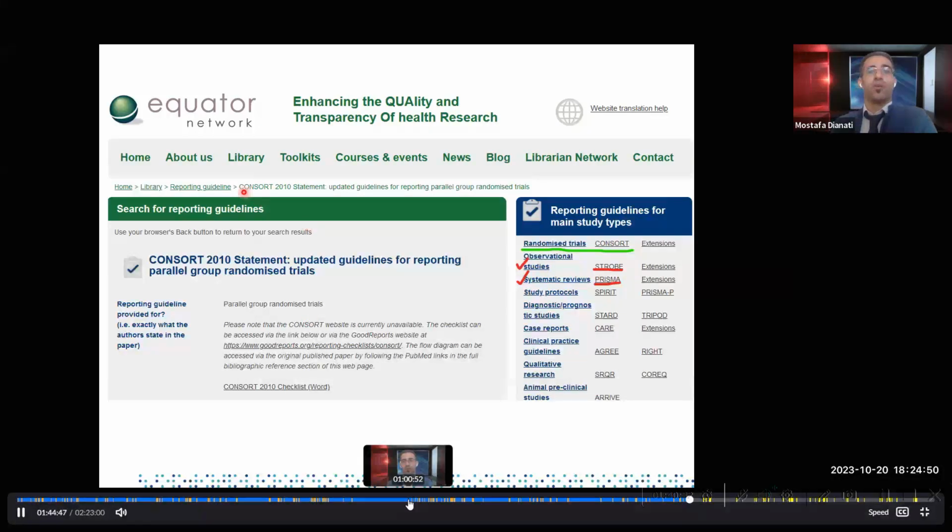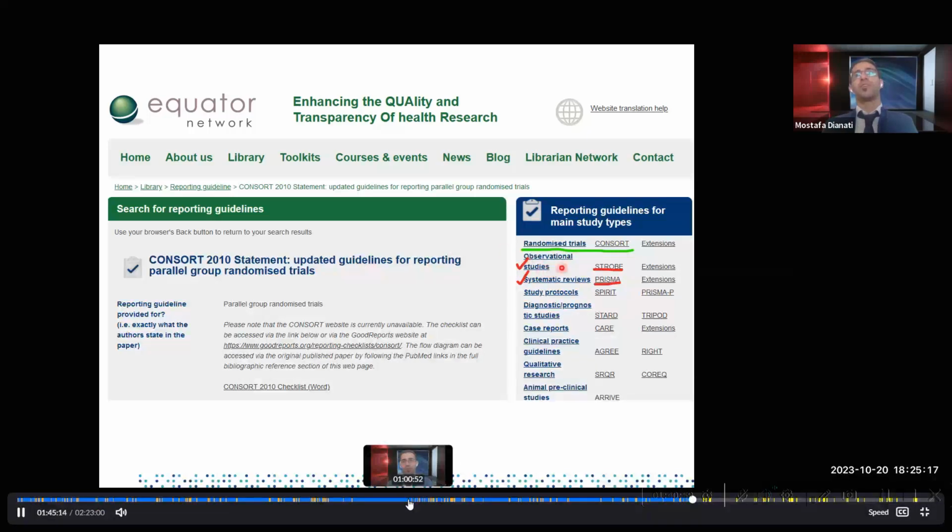So you have to go for this checklist, this statement, and also in the first line of your method section, right after you mention that participants were included ethically into your study, you must write that the results and the methodology of this study are prepared according to the CONSORT.